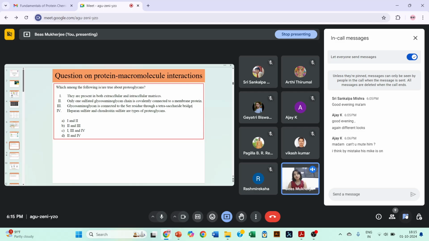Second option says only one sulfated glycosaminoglycan chain is covalently connected to the membrane protein. Third option says glycosaminoglycan is connected to the serine residue through a tetrasaccharide bridge. Fourth, heparan sulfate and chondroitin sulfate are types of proteoglycan. So which of these do you think is correct?